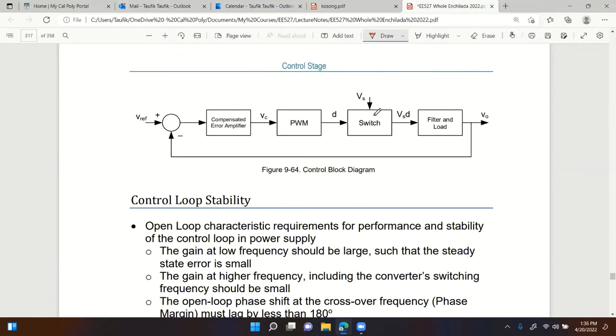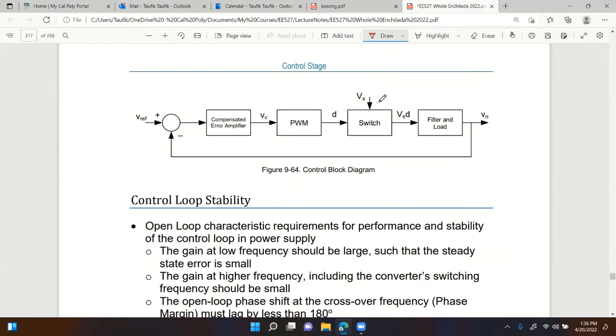So this is something that you've seen before. You took 302 and learned about feedback systems and the block diagram that goes with control systems, right? So you have the input, which is our reference, and also the actual input voltage. So there are two inputs, the actual input voltage and the reference voltage, right?